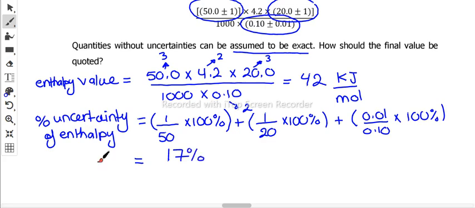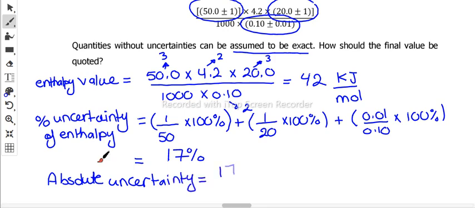Now I have the last step, which is calculating the absolute uncertainty, which is the plus minus uncertainty for my enthalpy. So I will take the percentage, which is 17 over 100.